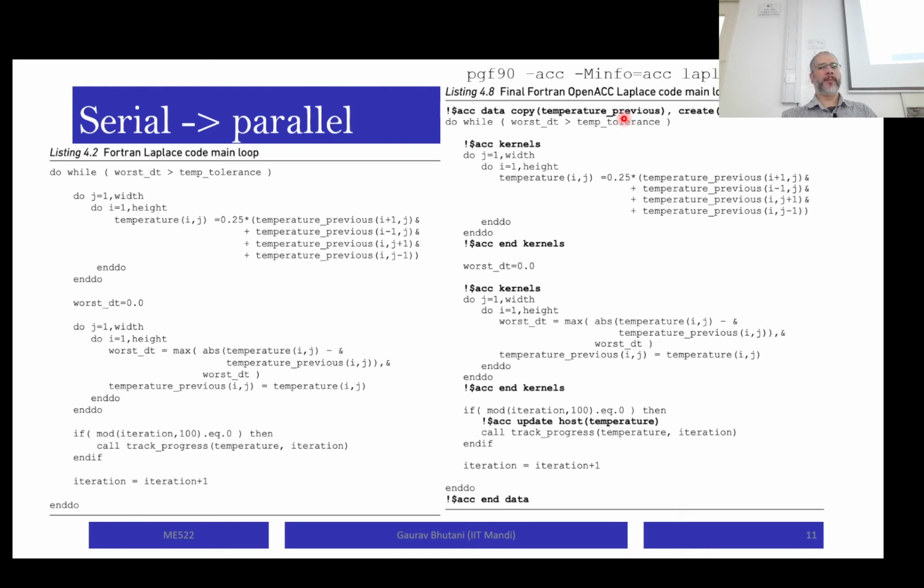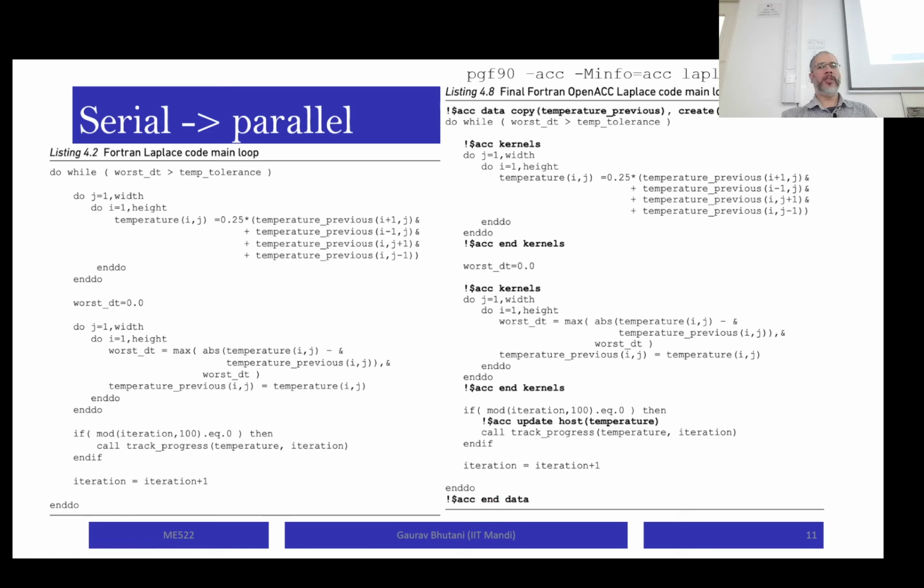So that sort of helps us, because now this statement says that for this whole block you have an ACC end data. You can see that here. So this ACC data and this ACC end data match with each other.